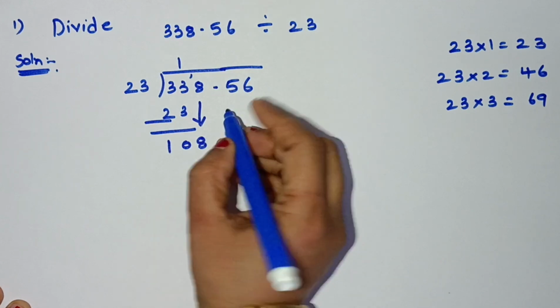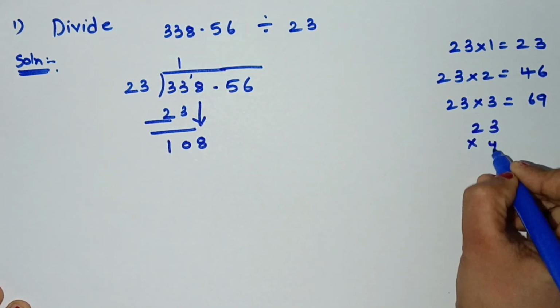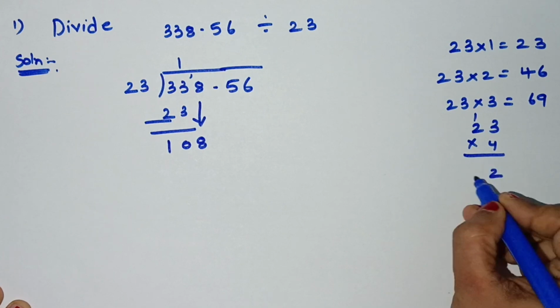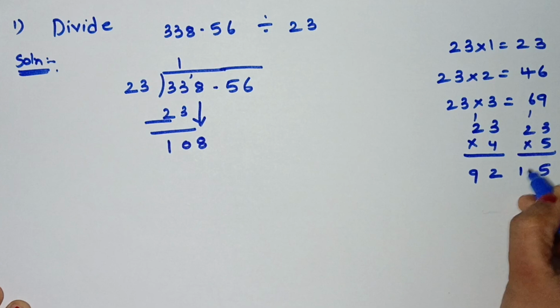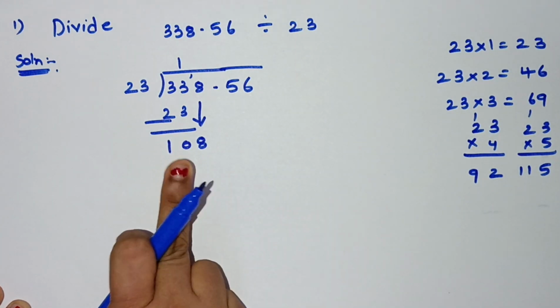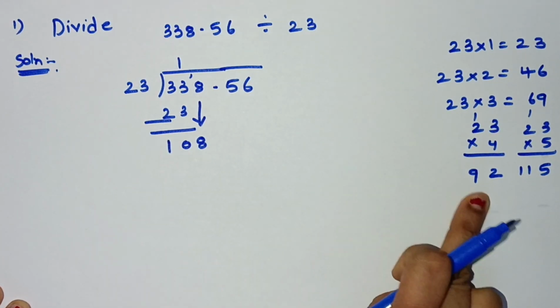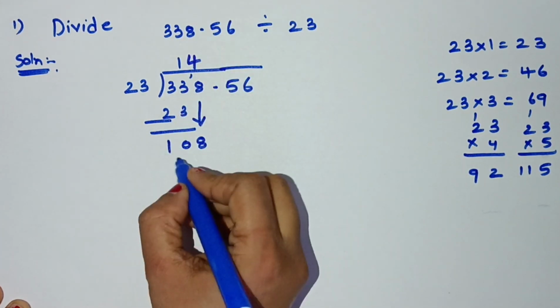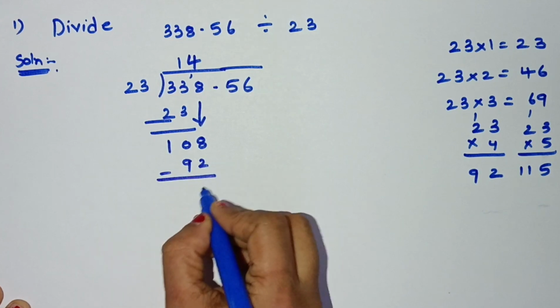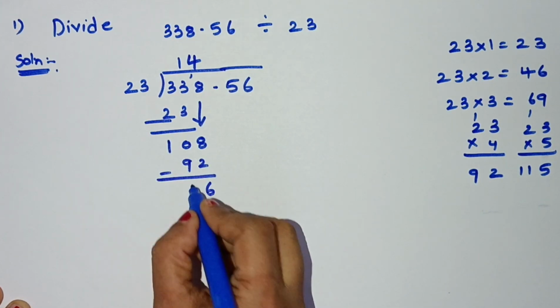So 108 means 23 fours are what? If you want, you can multiply and check. 23 fours: 4 threes are 12, 4 twos are 8, so 92. 23 fives are 115. 115 you cannot take. It should be closer to this. So it is 92. So what is the answer you are going to write? 23 fours are 92. So 4. Correct? And 108 minus this is 16.